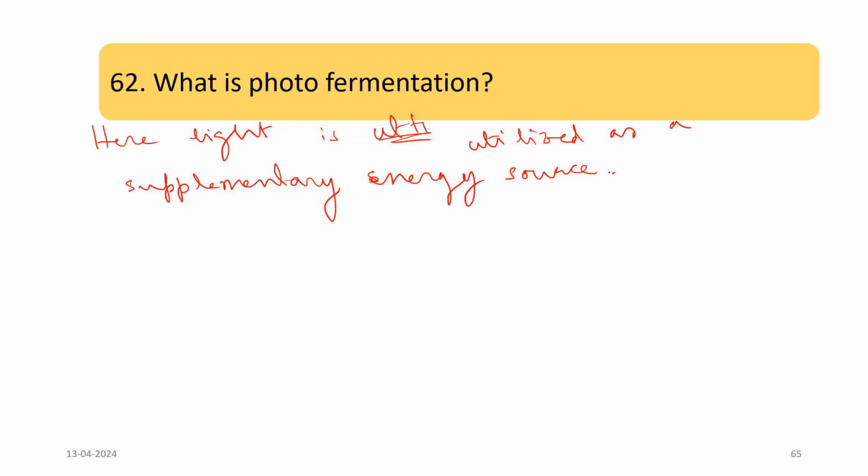The expression is obviously the same, but it is happening in the presence of light. So acetic acid is produced in the presence of light. It produces hydrogen and carbon dioxide, and this is called the photofermentation.